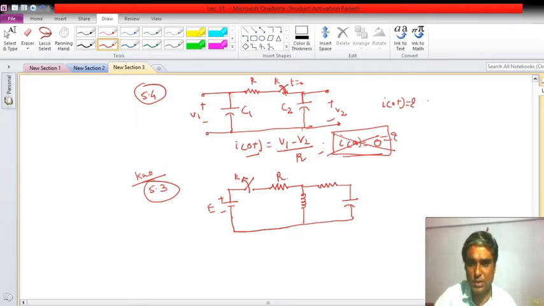This is R, this is R, L, and this is C. This is mesh current I1, and this is mesh current I2. Determine the initial conditions for the currents i1(t), i2(t) and their derivatives.